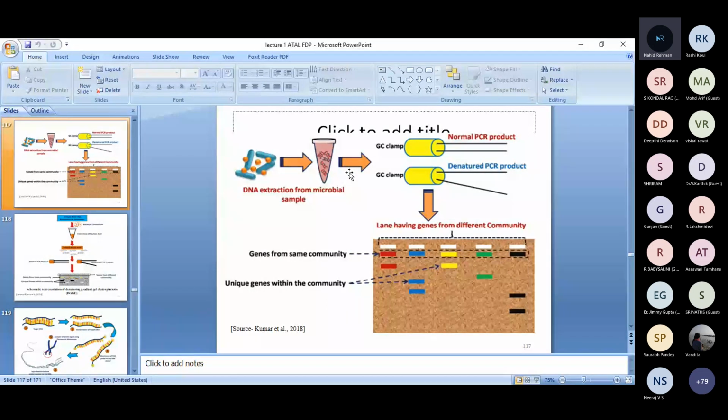That means you look at the current state of expression of the genes in the form of messenger RNA, so that you are reverse synthesizing its DNA form, and that DNA is then used for amplification or for identifying any of the unique genes among the community of your samples I am talking about.